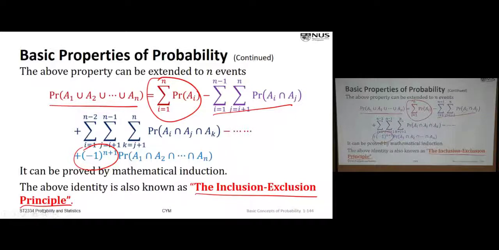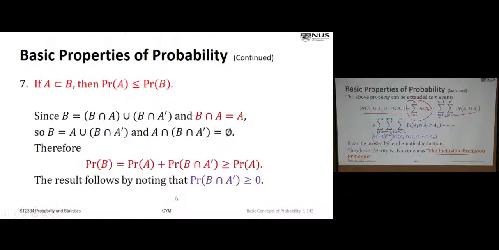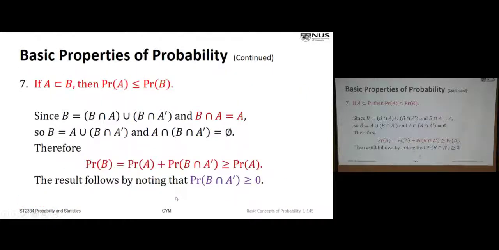But whatever I say, the probability is between 0 and 1. It's not 100% correct. Okay, so another property: if you have two events, A and B, if A is a subset of B, then the probability of A must be less than or equal to the probability of B. Now, I would suggest that you try to understand the proof.